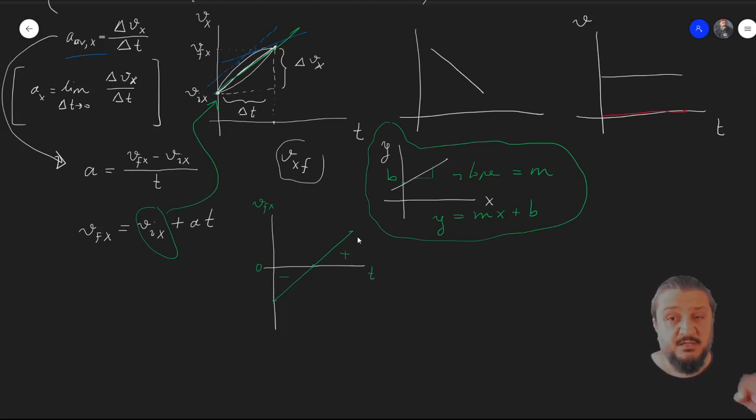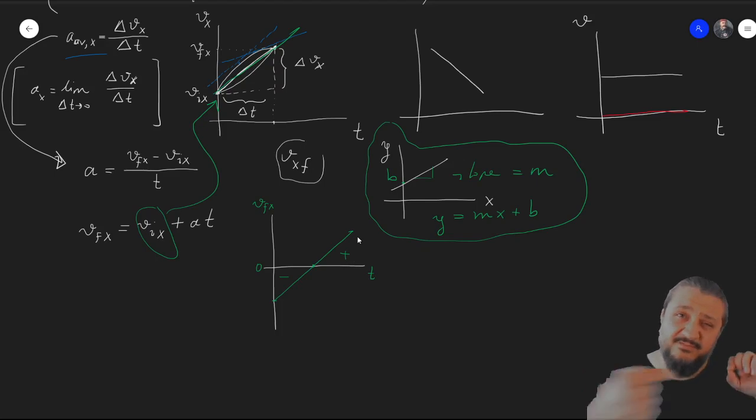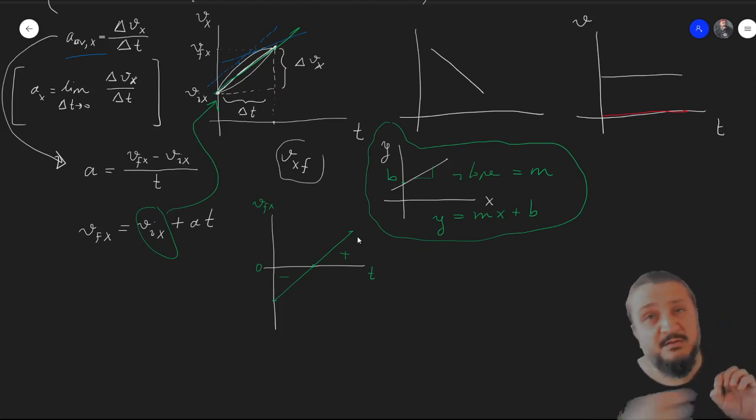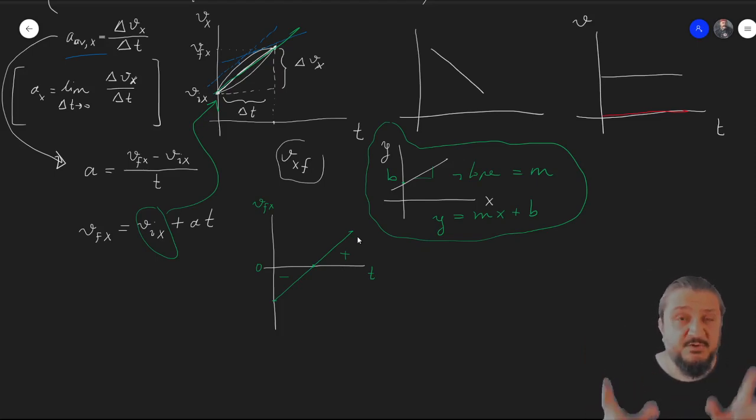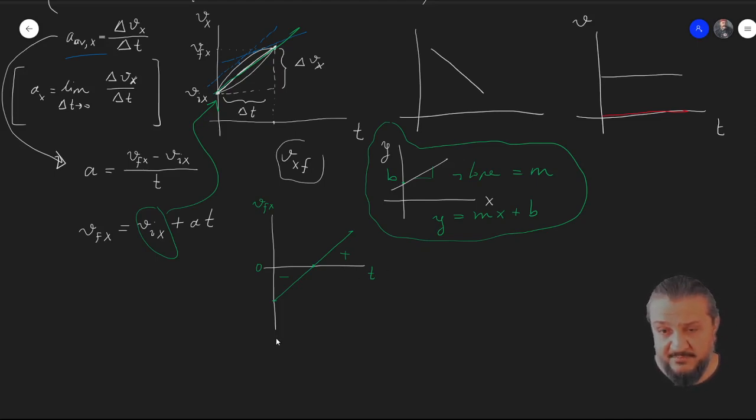So your velocity changed signs because you were moving in the negative x direction but slowing down, and you stop and immediately start moving in the opposite direction, increasing your speed. That's what this graph represents. But there's only one acceleration value, which is positive. Why? Because the slope is positive.